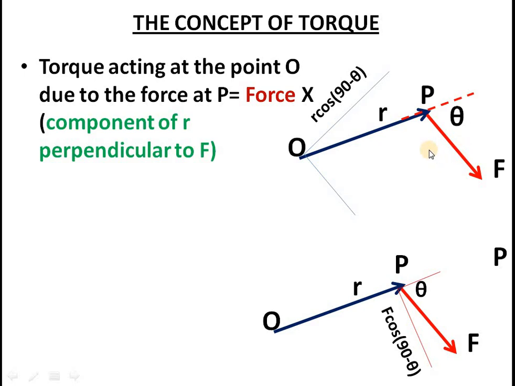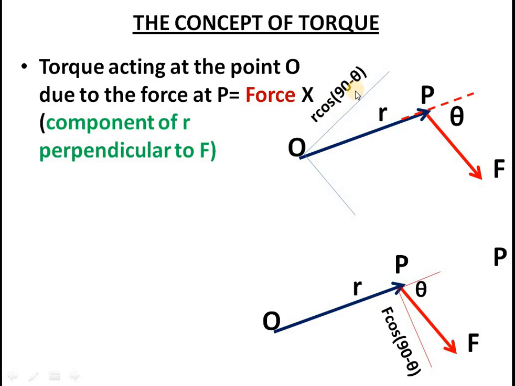In such cases, we take the perpendicular component of R with reference to the force. From the figure you can see that the vector R you can resolve along two mutually perpendicular directions.